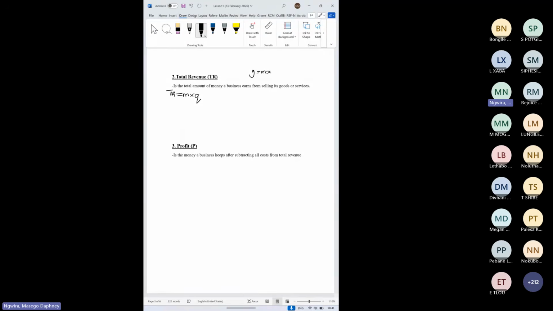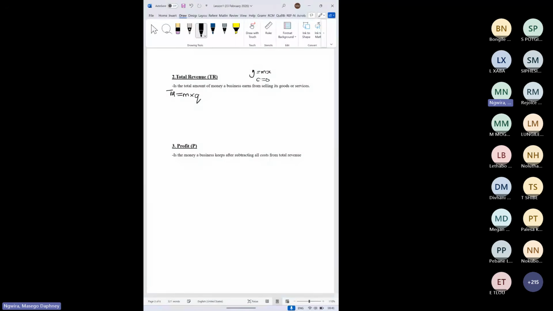So if you don't have the C, it means that your C is equal to 0. So in this case, total revenue is not going to start on the y-axis because I do not have the y-intercept. I'm not adding anything, I'm not subtracting anything. So it means that now my function for total revenue, I'm going to have two x's.